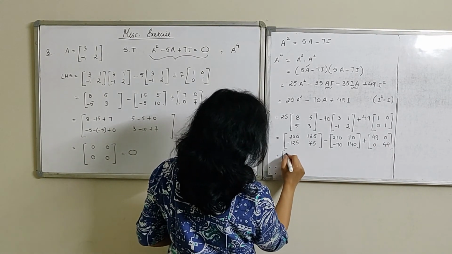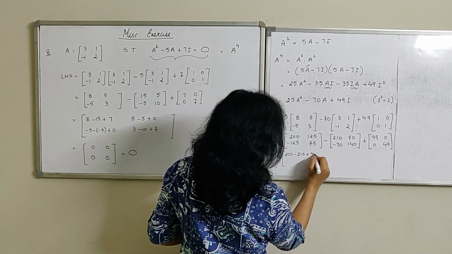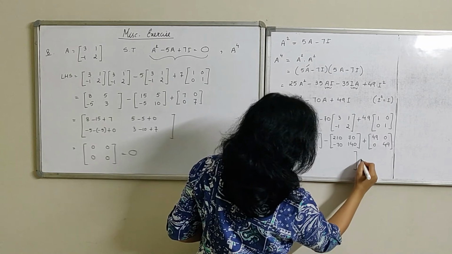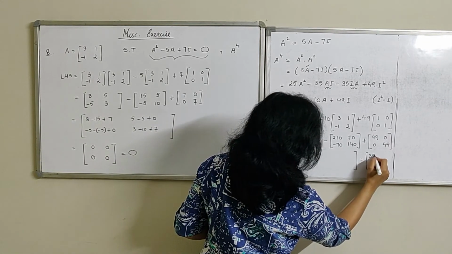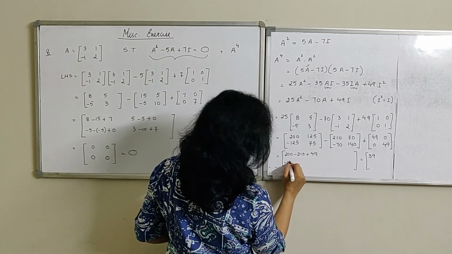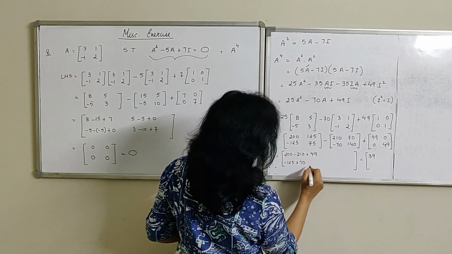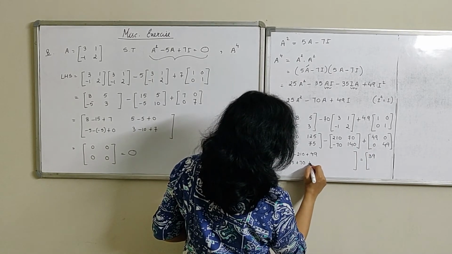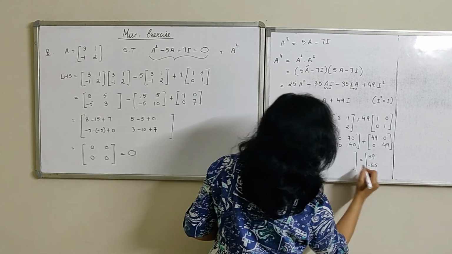Simplifying here terms, 200 minus 210 plus 49 will on simplification give us 39. Next, minus 125 minus of minus 70 is plus 70 plus 0. So this gives us minus 55.